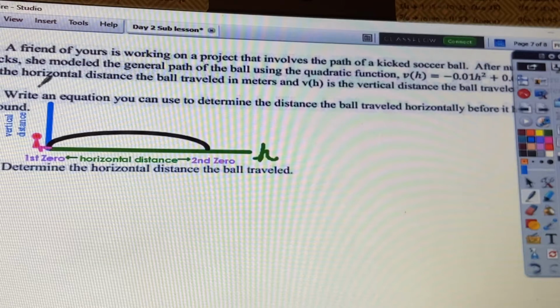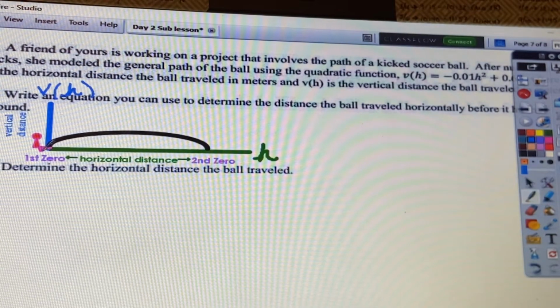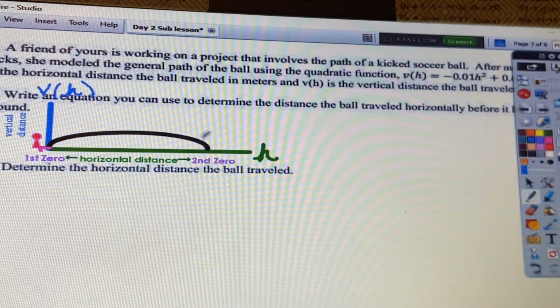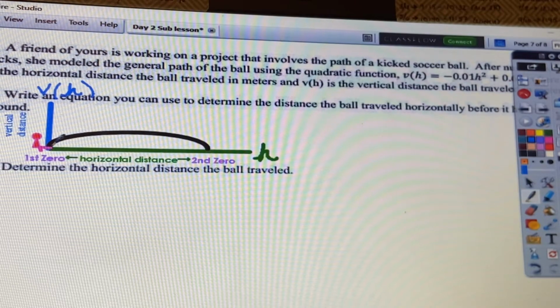This is our v of h. Okay, vertical distance. Now, if you notice, if she's kicking from right here, the soccer ball is most likely on the ground. And then when it lands over here, it's on the ground. Okay, I don't think she drop kicked it.